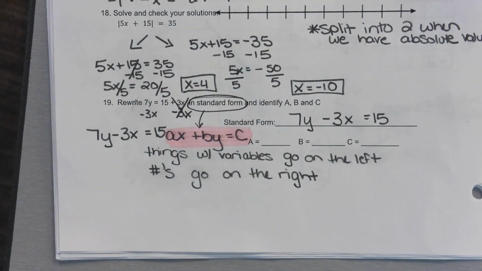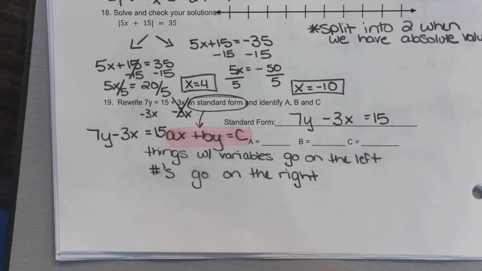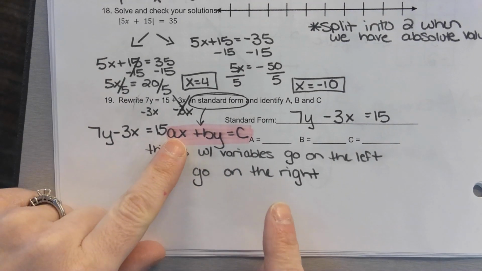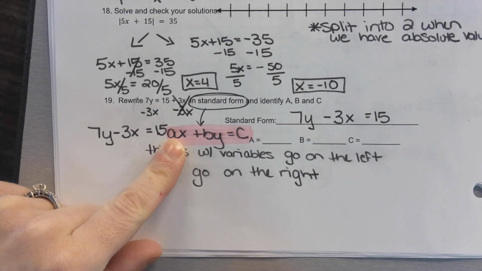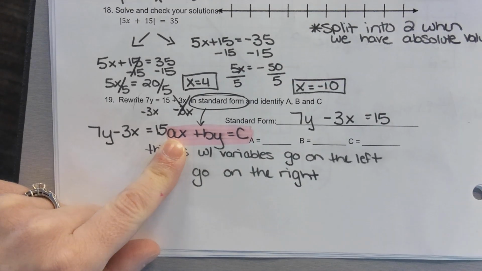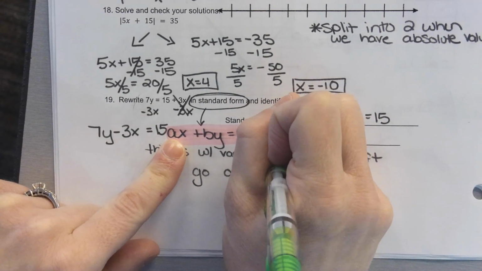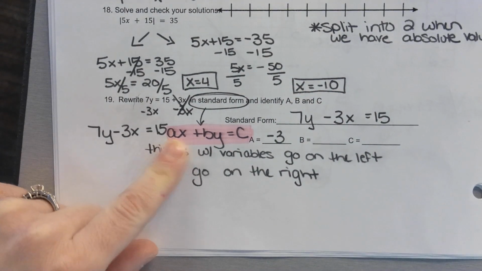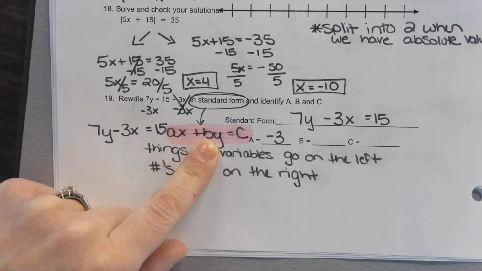If I wanted to, could I flip this order so the x term comes first? Yeah, you could. I don't care if you do that or not, I just want those on the left. All right, the a value is what's in front of x. What's in front of x? Careful, not just 3, negative 3. The b value is what lives in front of y. What's b? 7.